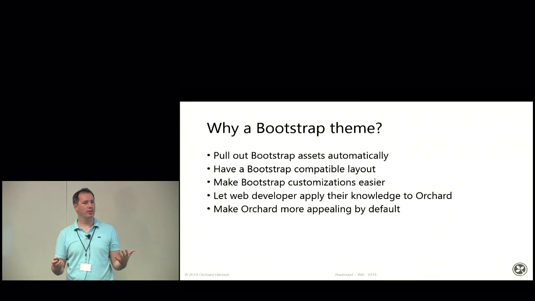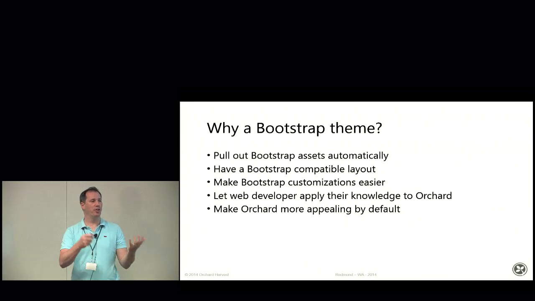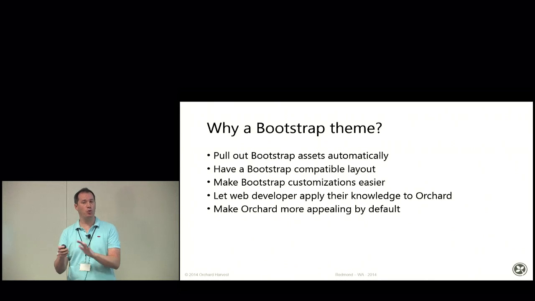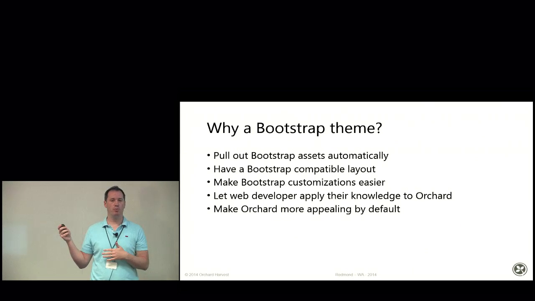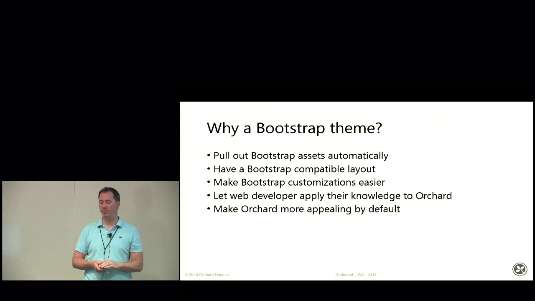When you install WordPress, it looks nice, so okay, I can deploy it. Orchard, when you set it up, you don't want to deploy it, okay? And there is a reason for that, but that's also not good for Orchard. So if we had a Bootstrap theme, we could make it very appealing by default, and maybe people will push it more often on the web.